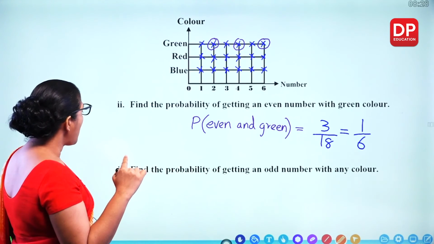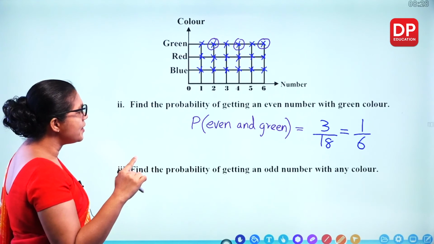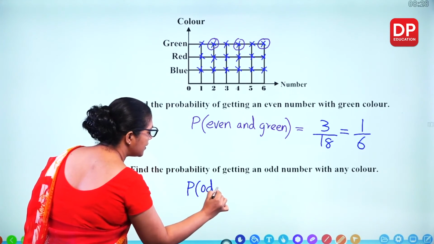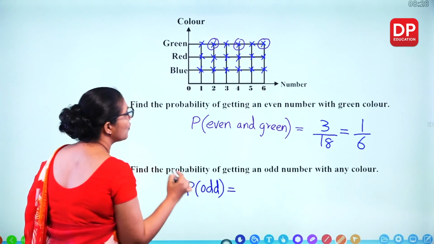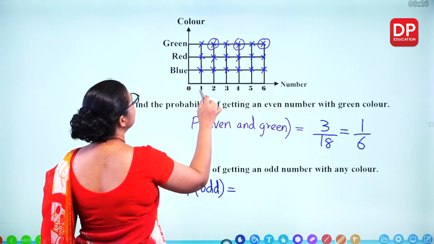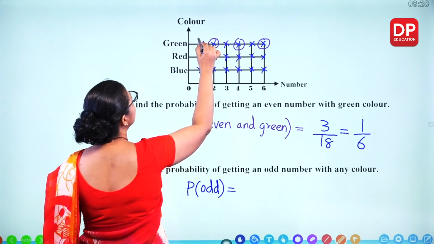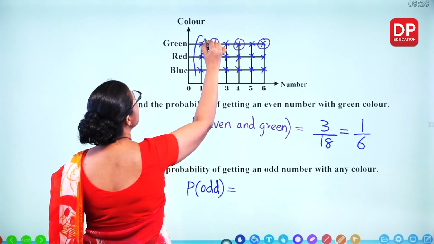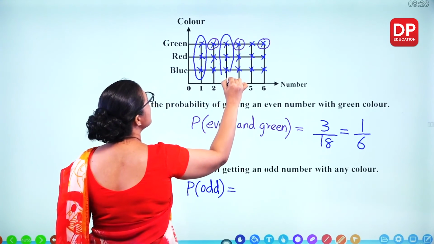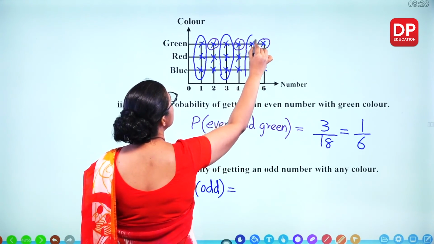Then the next one, find the probability of getting an odd number with any color. Probability of getting odd number. So what are the possibilities? Odd number. 1, 3, 5. These 3 you can take. And 3 with these 3. 5 with these 3.